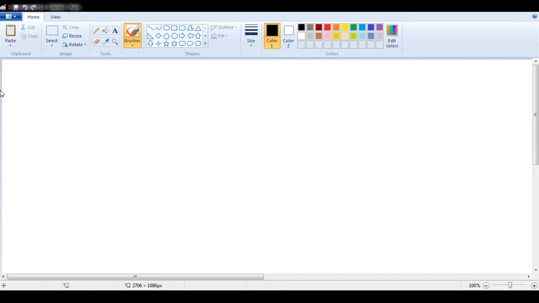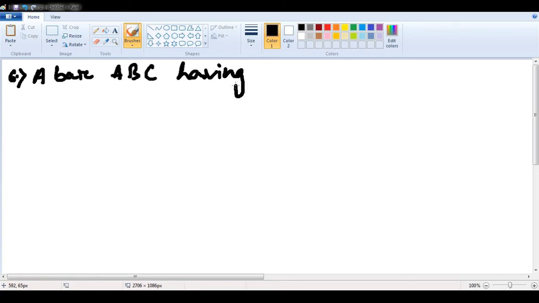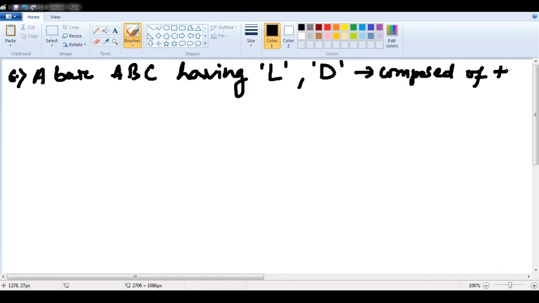Try to understand this question. This is again a very important question. A bar ABC having length L and diameter D is composed of two materials.